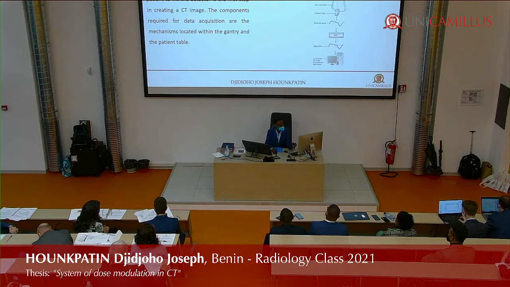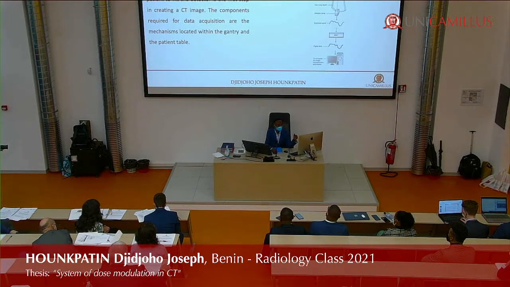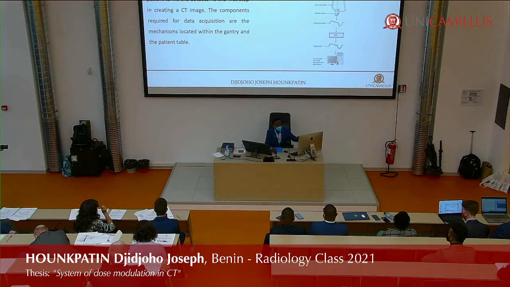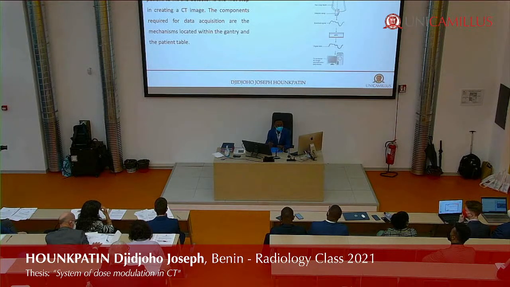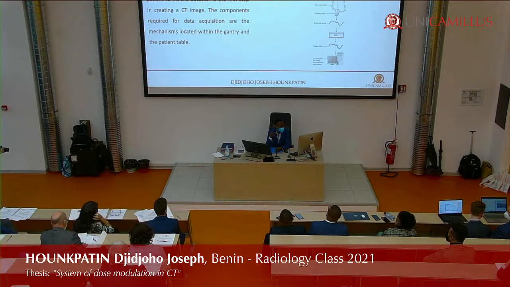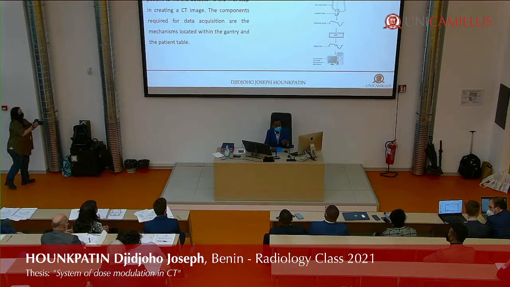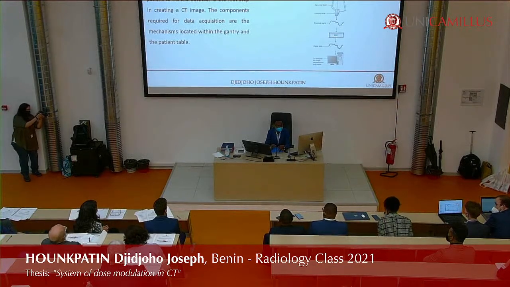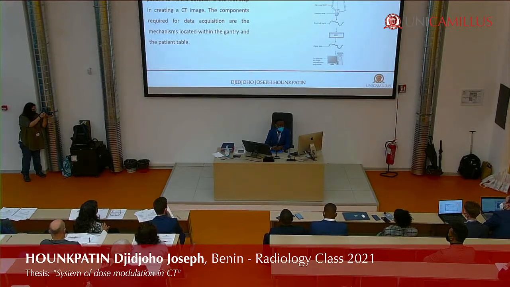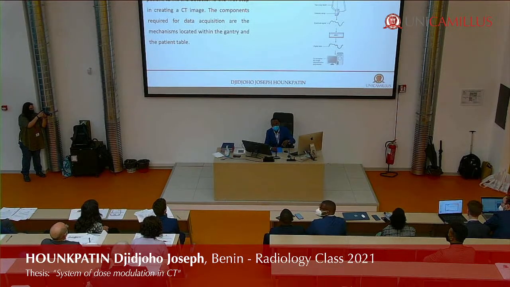The X-ray tube produces ionizing radiation, which passes through the patient on the part of the body needed. This radiation reaches the detector, which produces an electrical signal. The electrical signal is converted by the ADC, the analog to digital converter, into digital data useful for the computer for image reconstruction and image display.